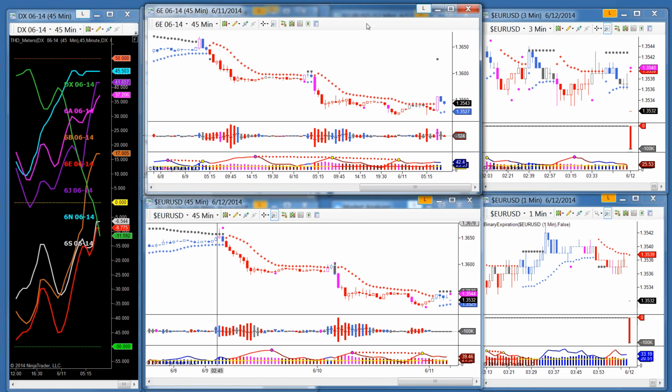Now, if you're trading spot Forex, you cannot trade a 3-minute chart because of the pip spreads. You can do the binaries that way. You can do the currency futures that way as long as you do not have a gappy chart. Okay, what do I mean by gappy? Look at the 1-minute euro US dollar. This is what I call gappy.